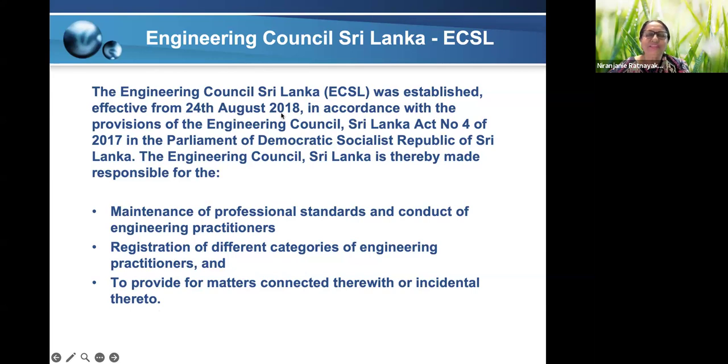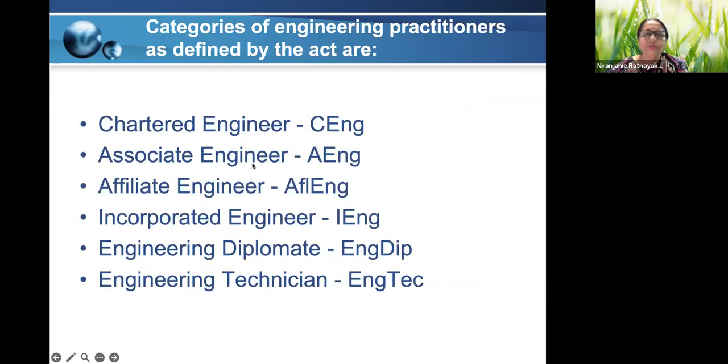I was the president of IESL when this happened, actually, and I had a hard time. Anyway, so it's now established, okay? So engineers are expected to, not only engineers, they have the registers for chartered engineers, associate engineers, that you all must be registered associate engineers, I believe.